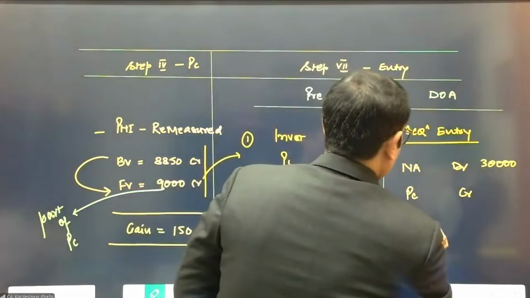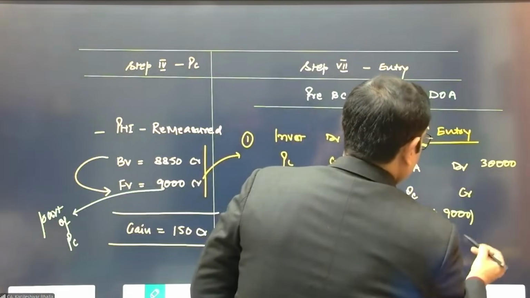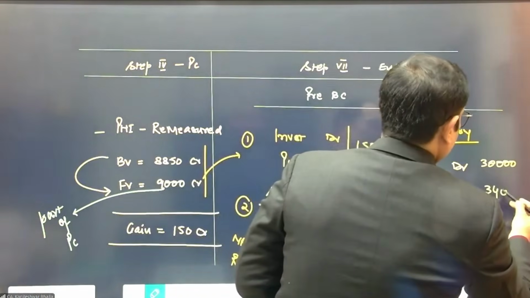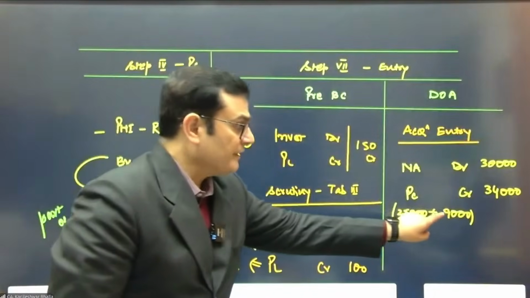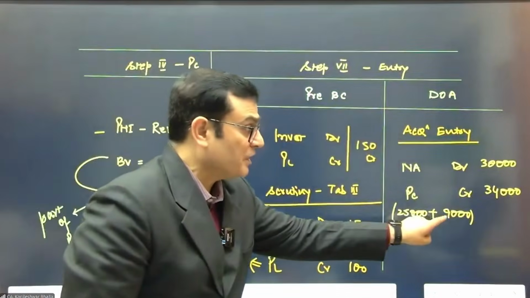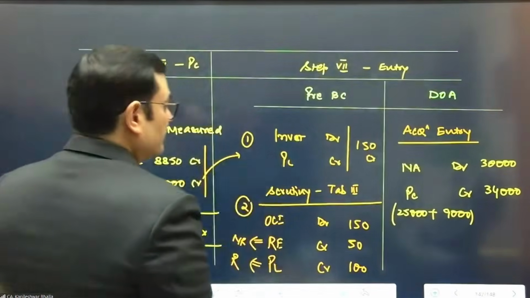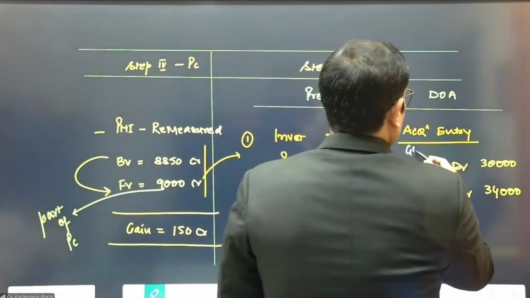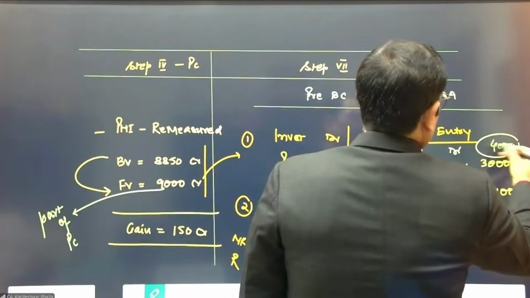So 25,000 crores paid for 70%. PHI is 9,000, so this is the PC including the PHI, that's 34. So we get a balancing figure, and that is goodwill.